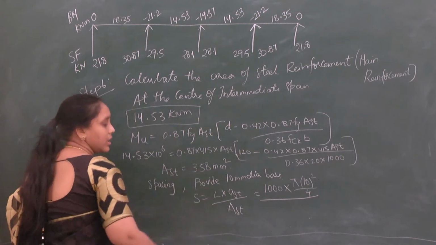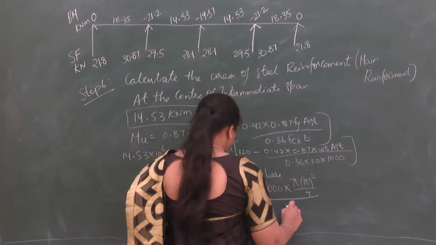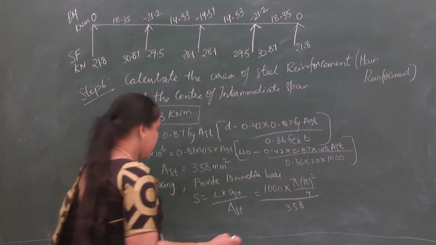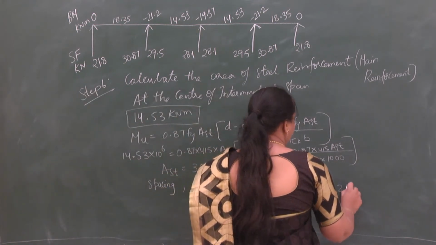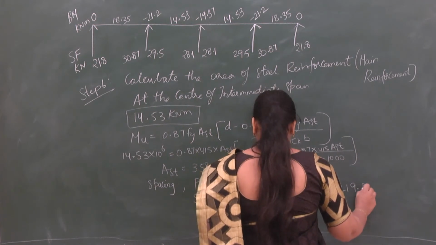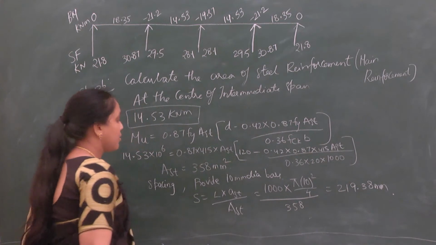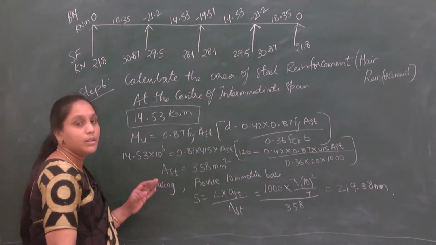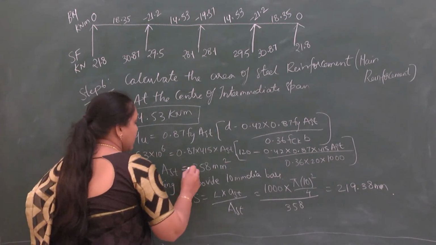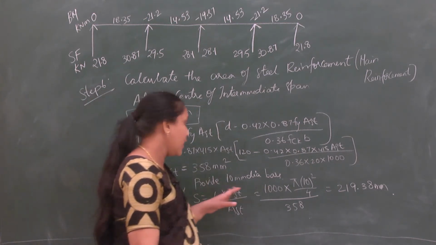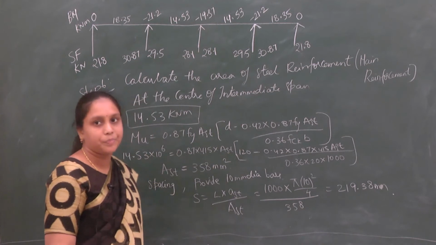So here the AST is 358 mm square. If you solve this, you will get a value of spacing as 219.38 mm. So this is going to be the spacing required for the area of steel 358 mm square, and the bars being used are 10 mm diameter.